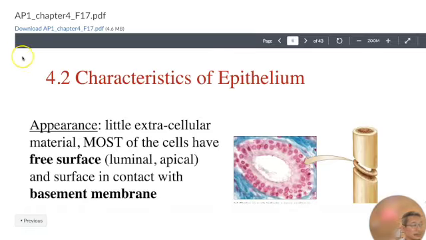So epithelium. Epithelium, first we're going to talk about it's a large sheet of cells that covers the whole body. Okay. Covers most organ and is exposed to the outside world. It's like our skin. Our skin is the epithelium. Okay. It is also the first line of defense because it will block bacteria and viruses from coming in.